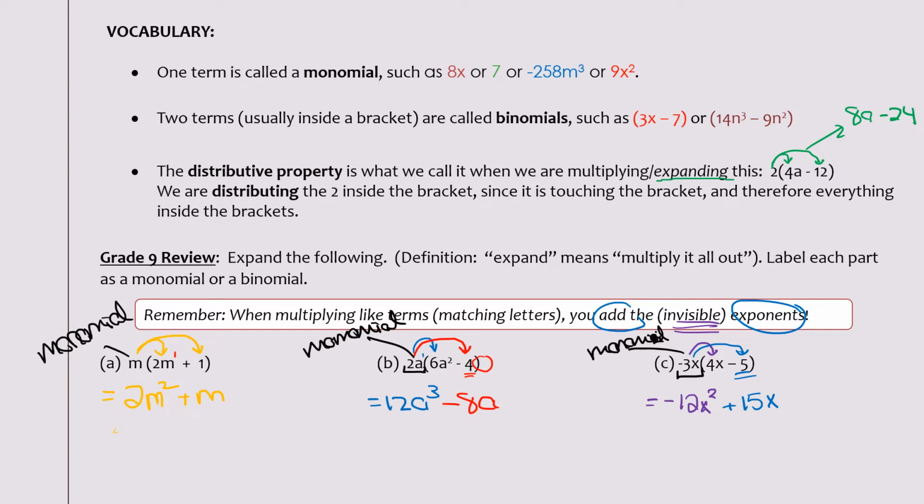Now the brackets, this first bracket here, how many terms are there? There's one term here, two terms here, separated by the plus sign, so that's a binomial. Binomial. Next bracket, also two terms, it's a binomial. And this bracket as well is a binomial.